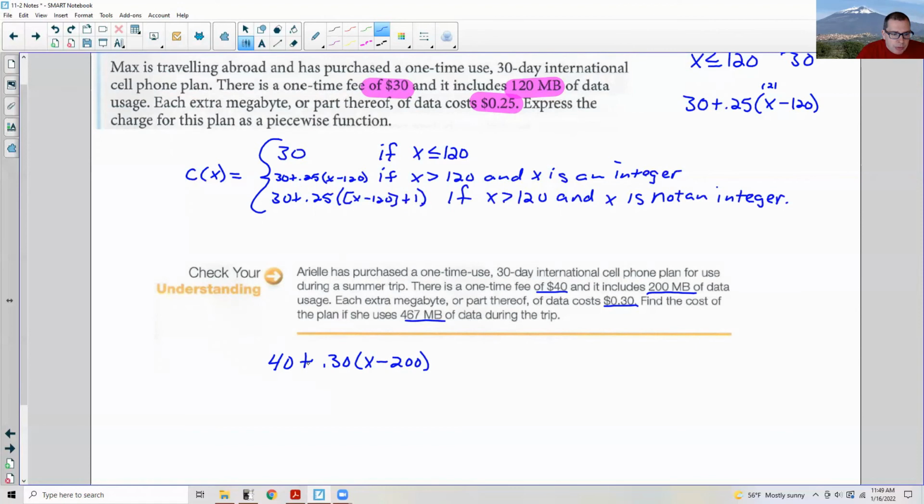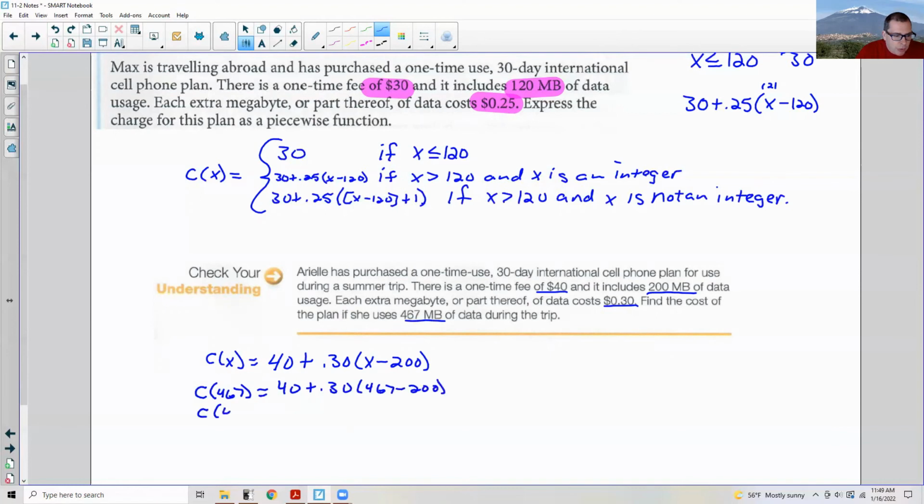So 40 plus 0.30 times X minus 200 is going to equal our C of X. And in this case, our X is 467 megs. So the cost of 467 megs equals $40 plus 30 cents times that 467 minus 200.